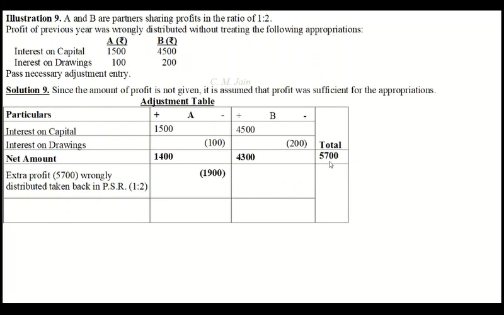Similarly, 2/3 of 5,700, that is 3,800 within brackets on the right hand side in B's column.